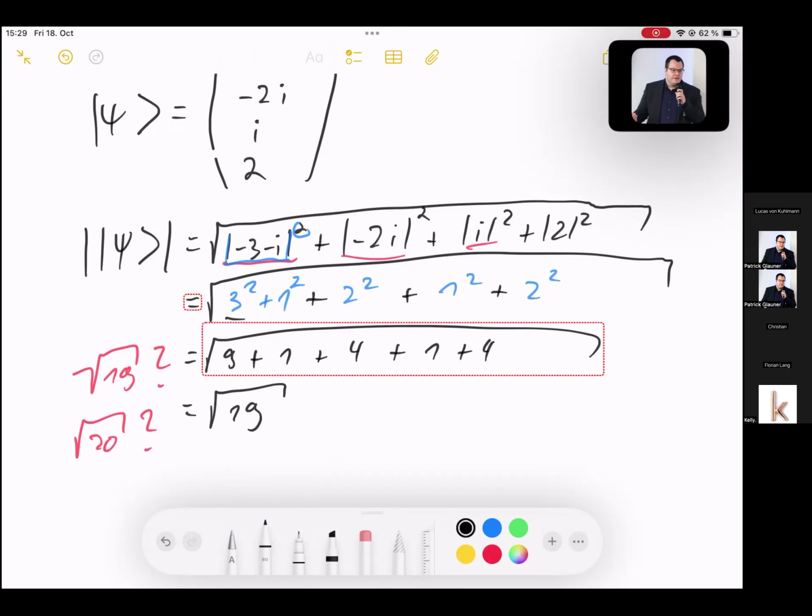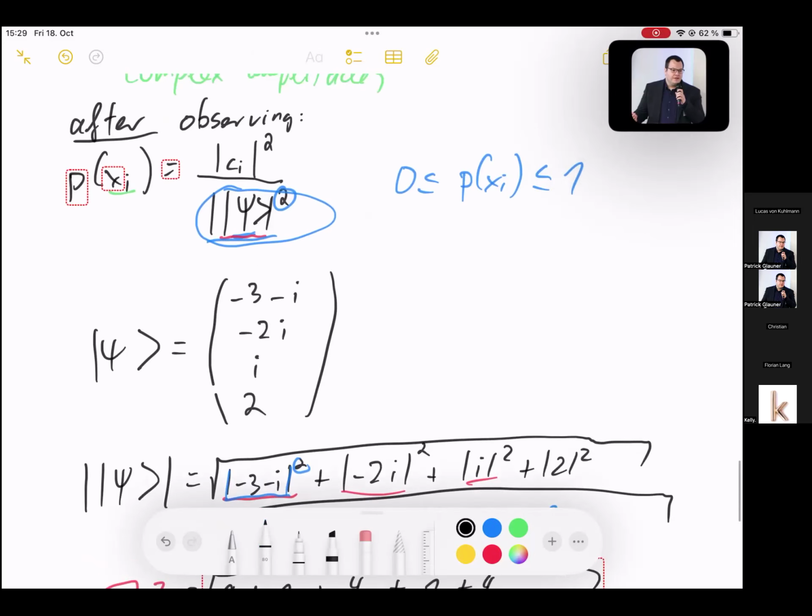Now, this was the first step, and we'll now apply this. What I want to know from you is, we have this psi, and we've seen how to calculate the probability of the particle being at one of these positions after observing.